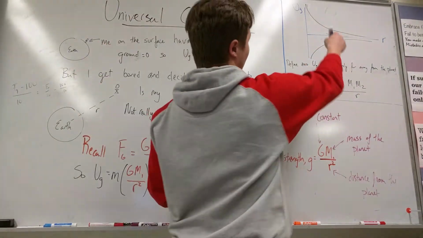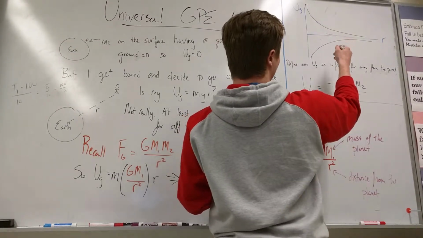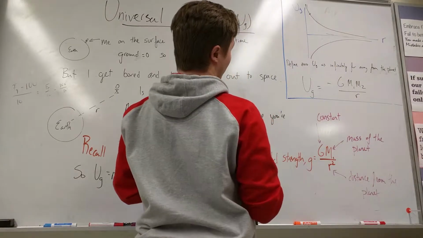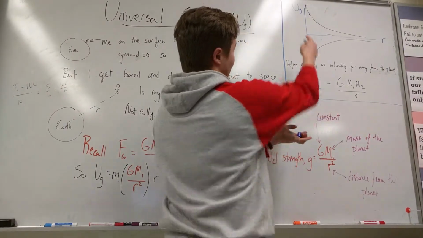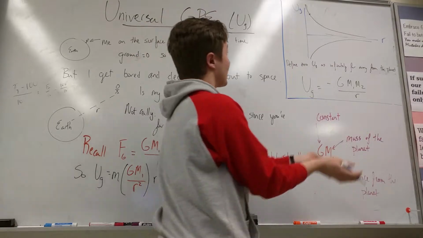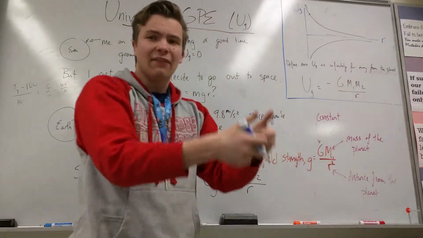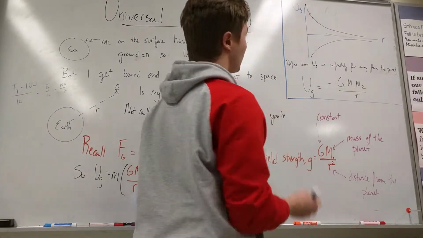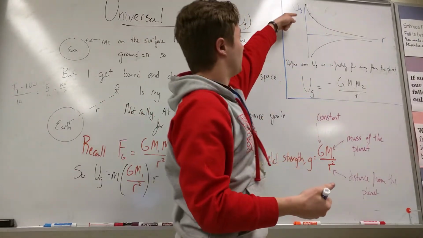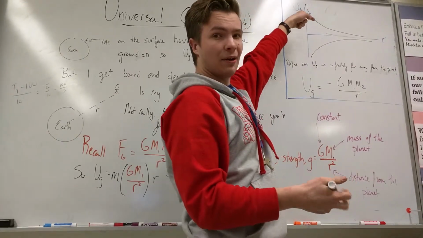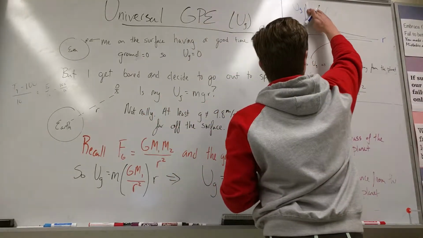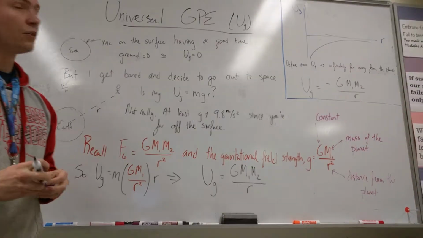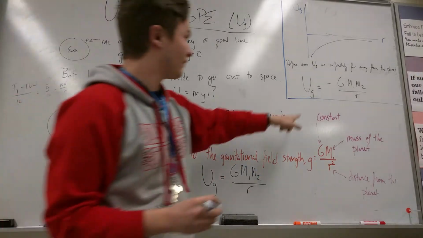Now, if I considered this equation to be positive, this would mean when I'm some distance away from the Earth, and I lift up an object, let's say that this is when I'm at the surface, I should be giving it potential energy, but that's not what we see here. If I lift something up so that r is increased, the potential energy goes down. That doesn't make sense. So that can't be the correct sign for potential energy.